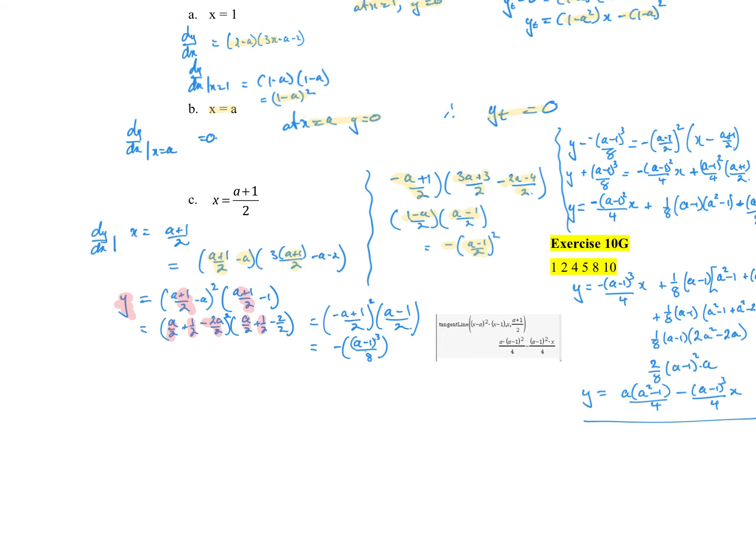So we get a minus 2a, which is negative a, 1. So I get minus a plus 1 on 2 in the second bracket. I get a on 2. 1 on 2 minus 2 on 2 is minus 1 on 2. So I end up with the negative of a minus 1 all cubed on 8. Now, chances are this is probably a technology active question, but it's good algebra practice.